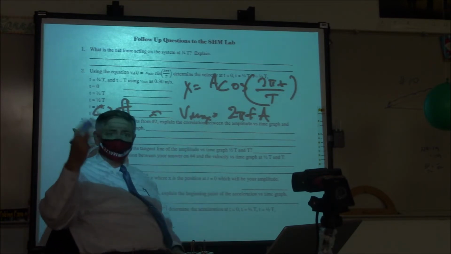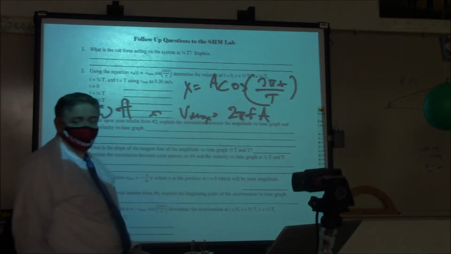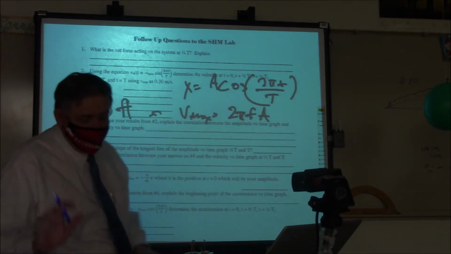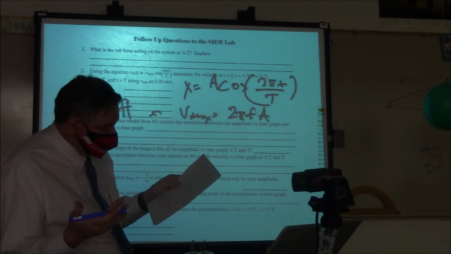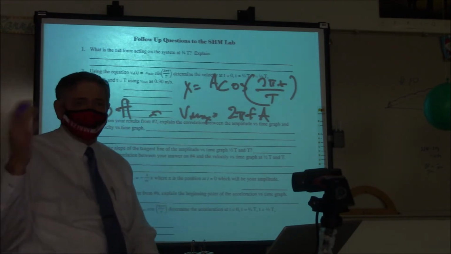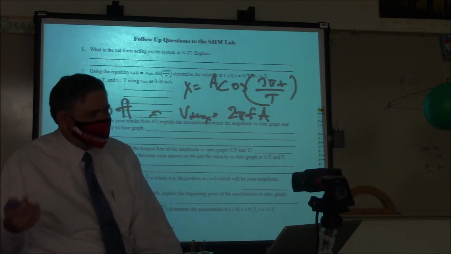So you have to look at what's playing into this equation. You should already have your V max from the previous day's assignment, and typically that V max is around 0.3 meters per second. It isn't really fast, but it's typically around 0.3.